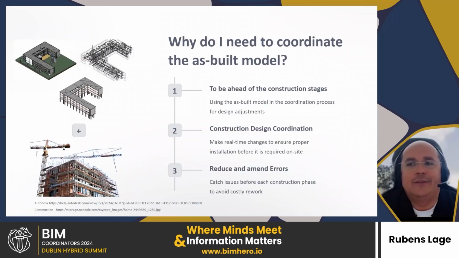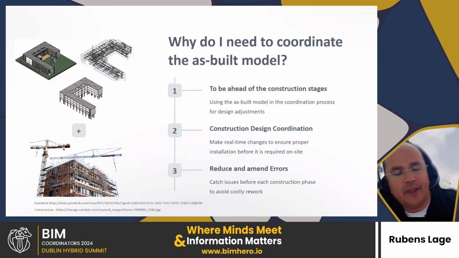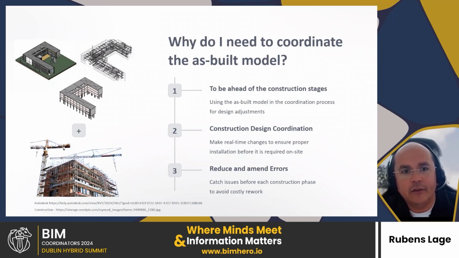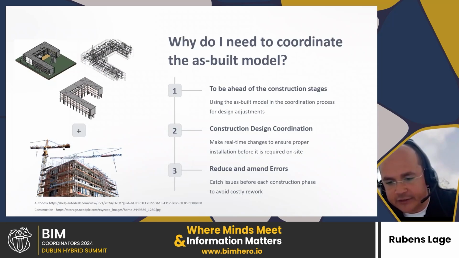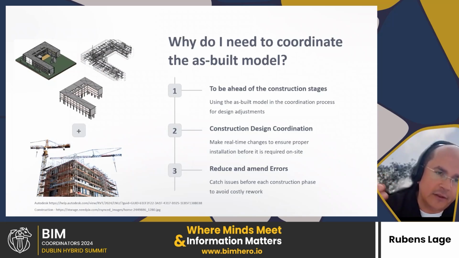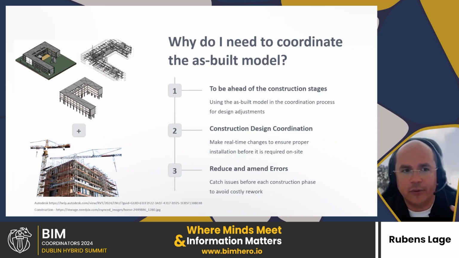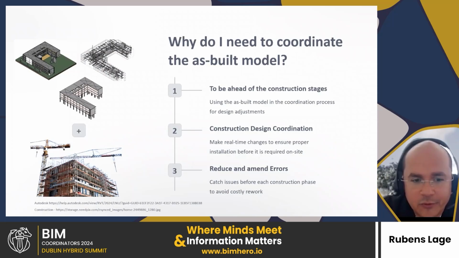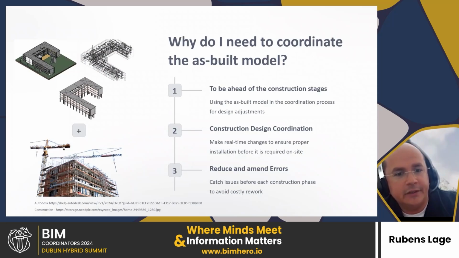So why do I need to coordinate as-built models? Because when you're doing the design, you're coordinating, let's say, architecture, mechanical, MEP, and structural, and all those design elements are in their ideal situation. They're perfect in terms of design. But when we go to construction, let's say we have the structure.